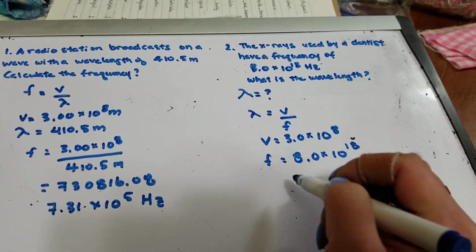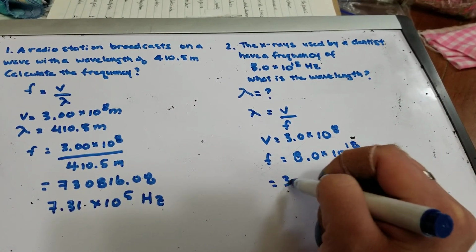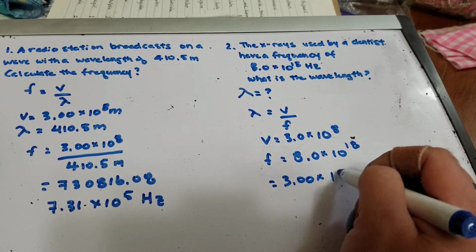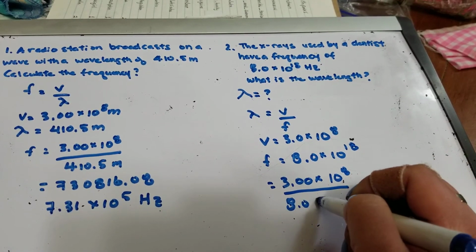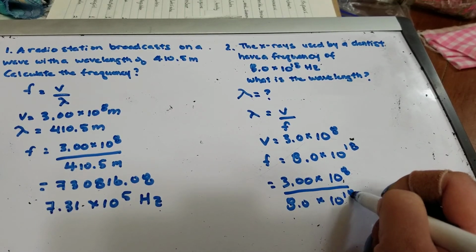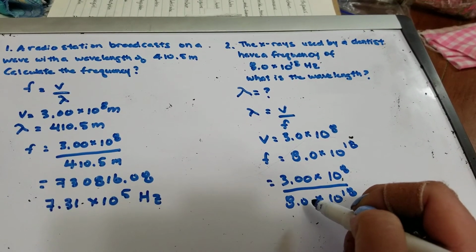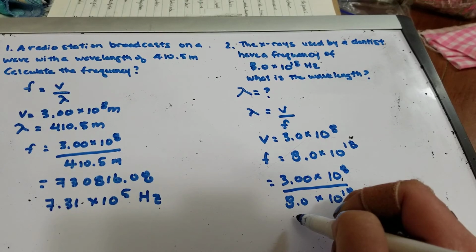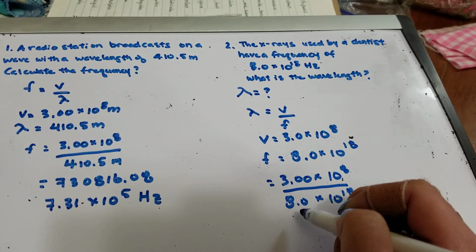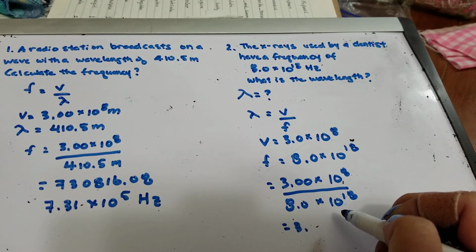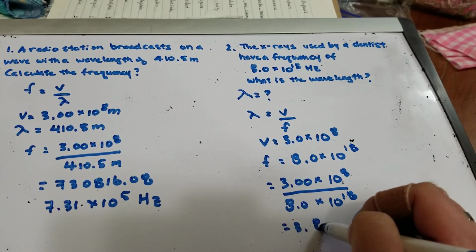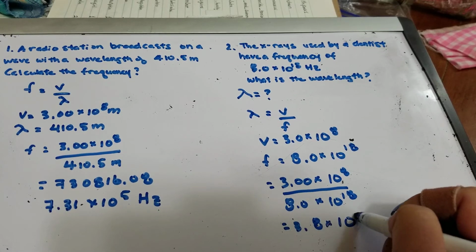Okay, so when you divide these two numbers, you get 3.00 times 10 to the 8 divided by 8.0 times 10 to the 18. When you divide those two numbers, you get an answer of 3.8 times 10 to the minus 11.